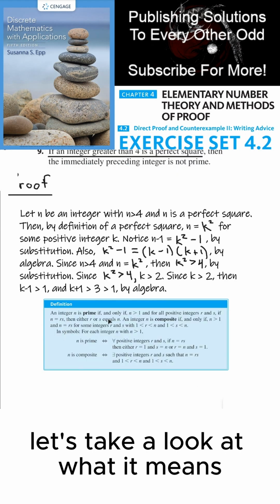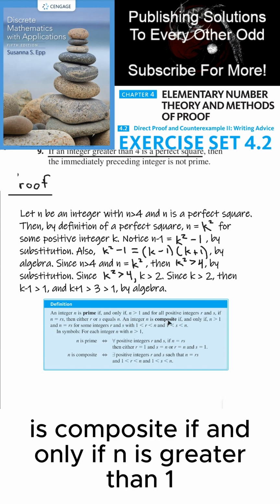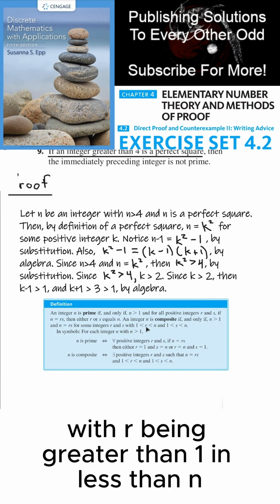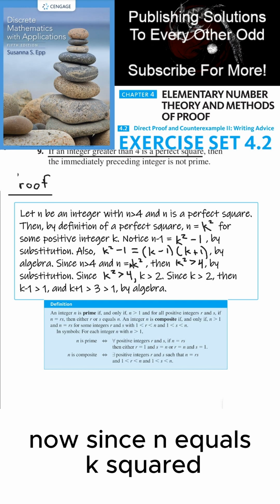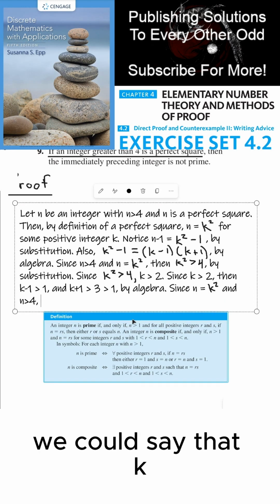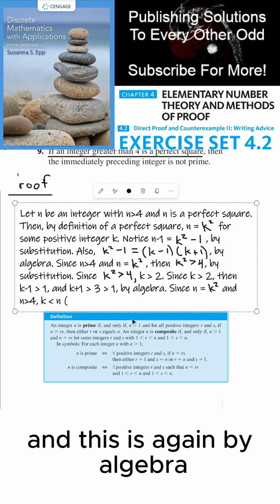Let's take a look at what it means for an integer to be composite. An integer n is composite if and only if n is greater than 1 and n equals rs for some integers r and s, with r greater than 1 and less than n, and s greater than 1 and less than n. Now, since n equals k squared and n is greater than 4, we could say that k is less than n, again by algebra.